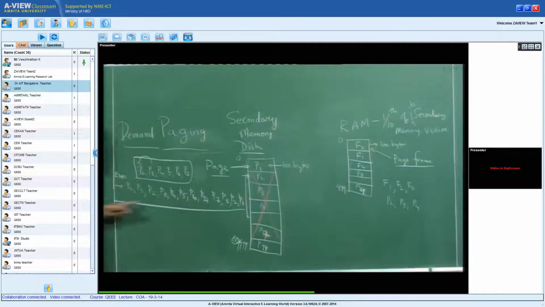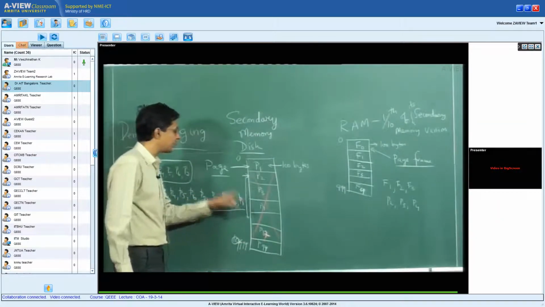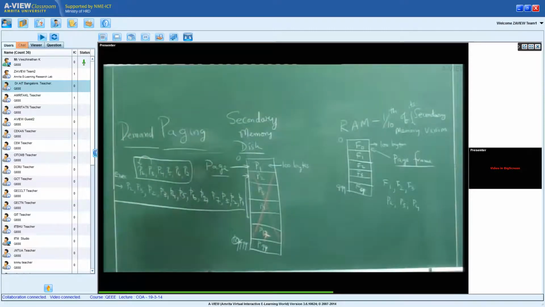Let this be an execution trace of your program. First something in P2 is executed, then it goes to P3, then again it comes back to P2, then again it goes to P3, then P4, P5, P6, again it comes back to P2, then P7, then P3, then P2, then P1. So this is how the program is executed.